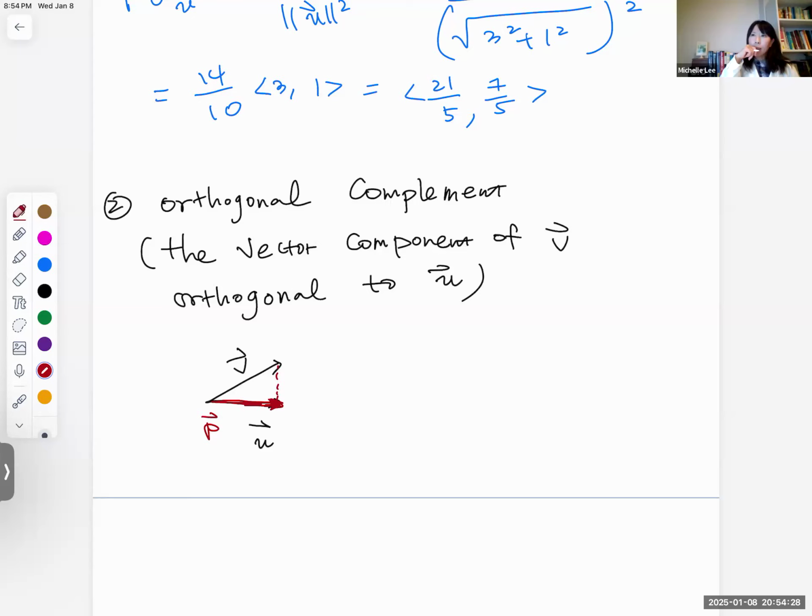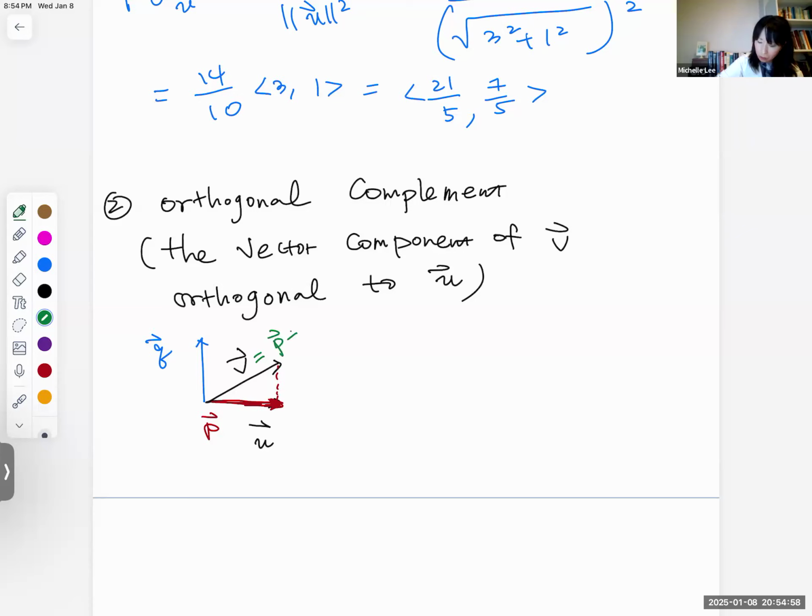Then let's say that we have a vector Q here. Sorry, my Q looks like that. Then we knew that vector V is from vector P addition with a vector Q, right?